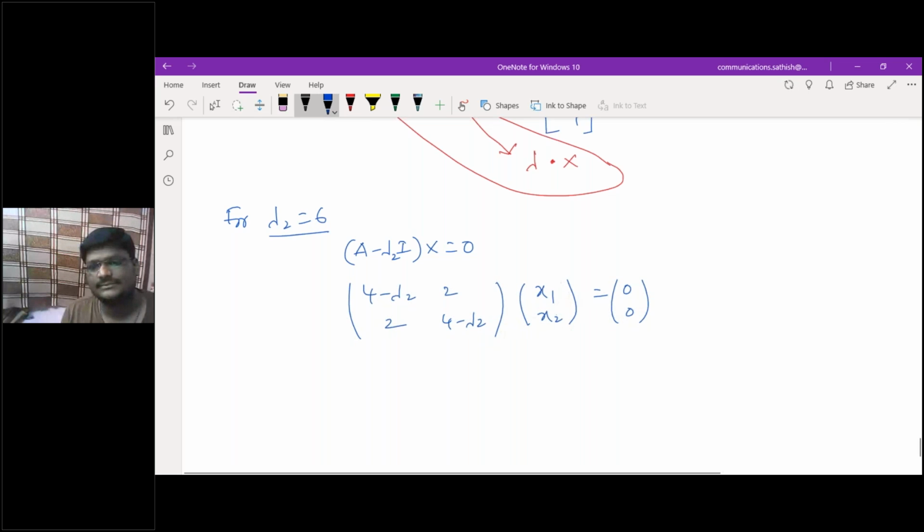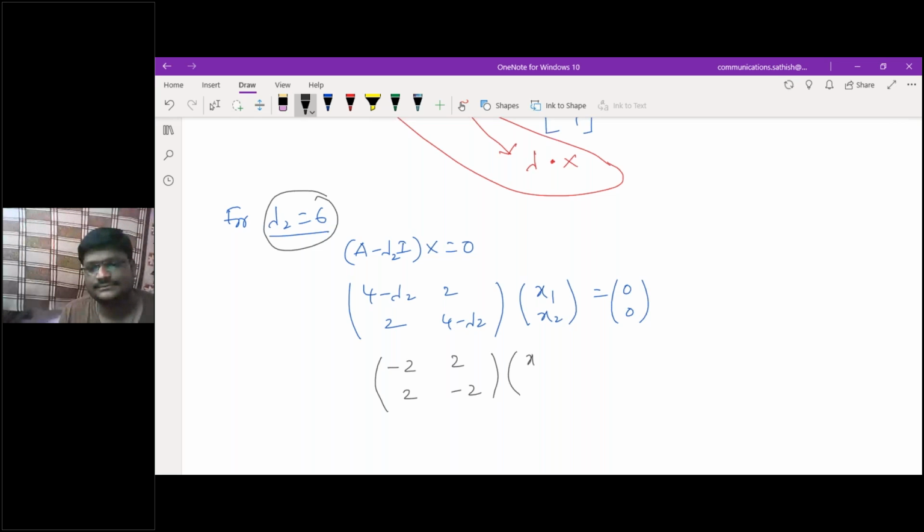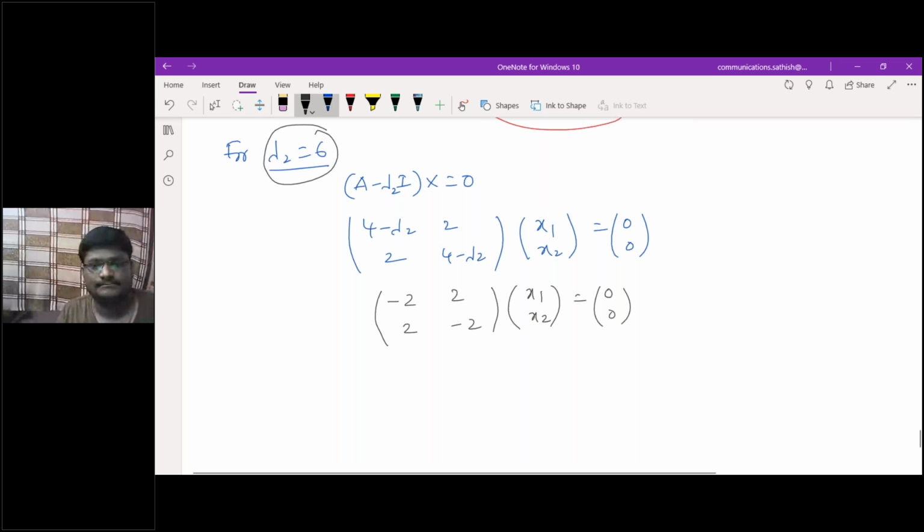If I substitute lambda 2 as 6, 4 minus 6 is minus 2, 2, 2, minus 2. Are you following me?